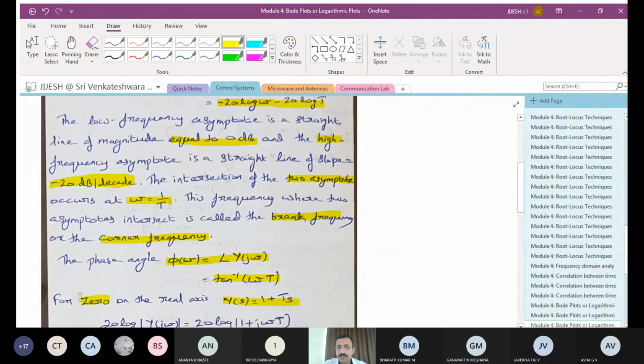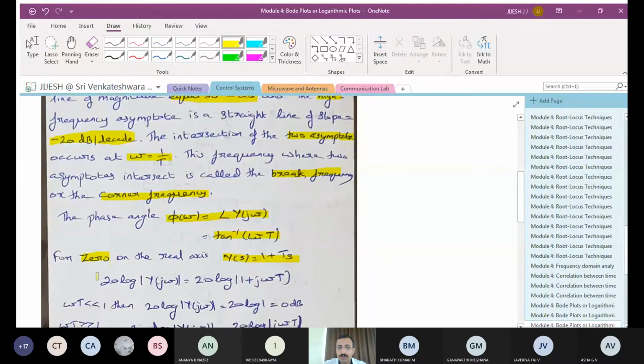When the zeros are considered to be on the real axis, you get y of s equal to 1 plus ts, and you take the logarithm for that. 20 log of |y(j omega)| is equal to 20 log of |1 plus j omega t|, and you have to see the conditions omega t less than 1 and omega t greater than 1. So we are doing this for zeros placed on the real axis.